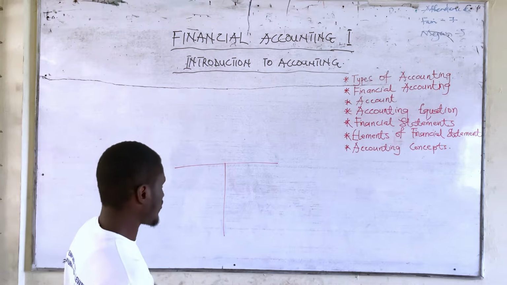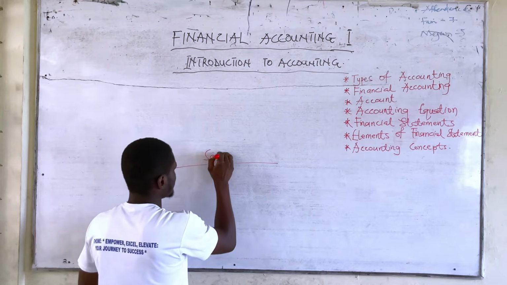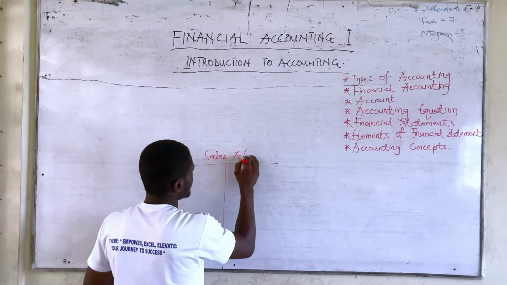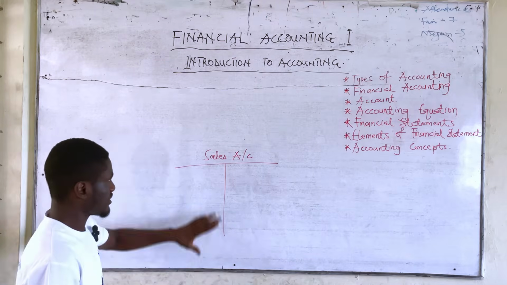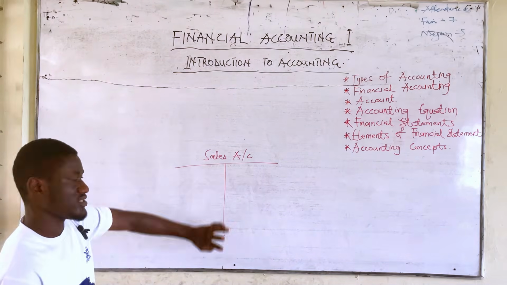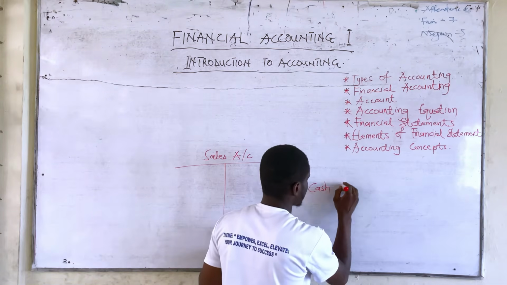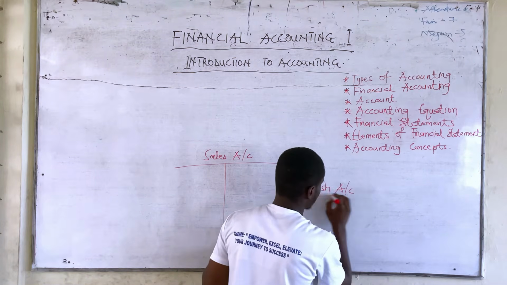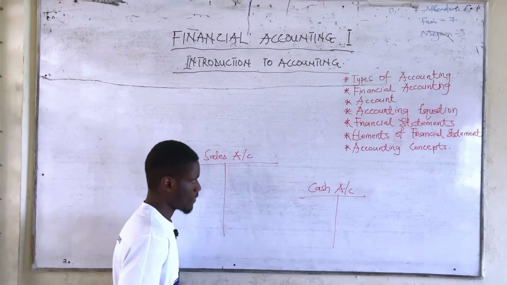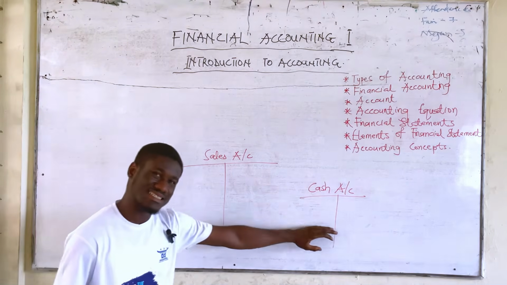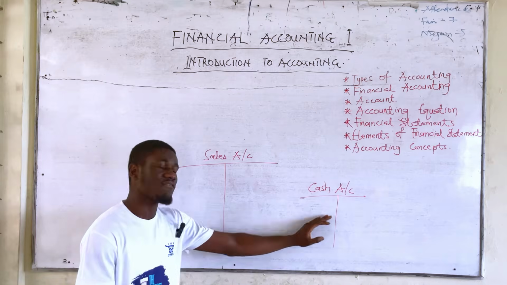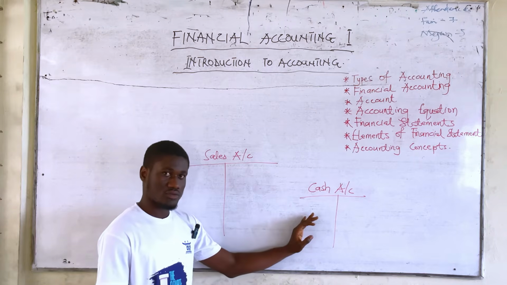Good. So now for this, we have the sales account. That's what we are trying to see. The sales account is the account for the sales. And we also had another account involved, which is the cash account. Good. So you see the transaction is involving two accounts.